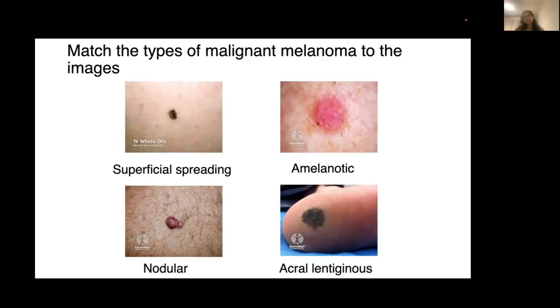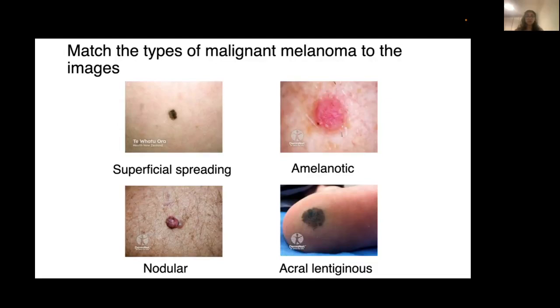So superficial spreading is typically a type of melanoma that spreads horizontally, so it grows flat but outwards. Amelanotic, so we can see that it's a different color compared to the others. It's typically a lighter color rather than that typical dark hyperpigmented color.